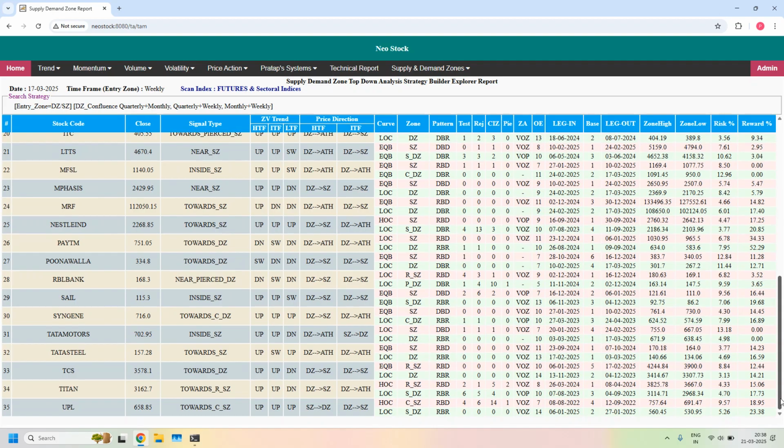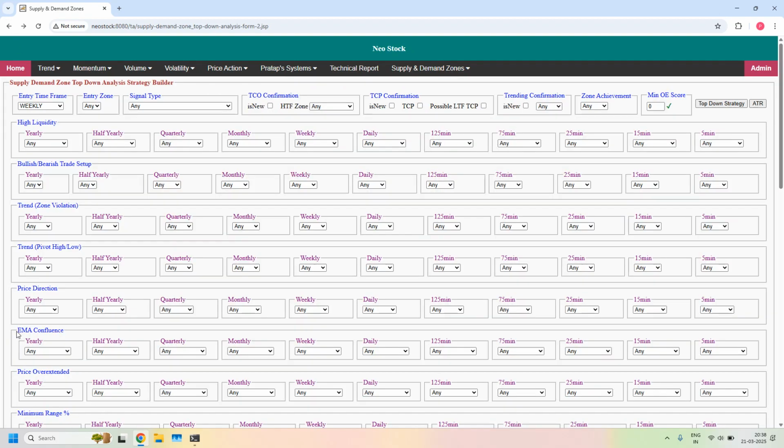Okay, to look for even more high probability setup supported stocks, what we can do, we can filter this list based on quarterly demand zone having quarterly EMA confluence, because weekly zone and monthly zone together overlapped with quarterly. So that's why we are checking the EMA confluence at quarterly time frame. Quarterly demand zone having quarterly EMA.